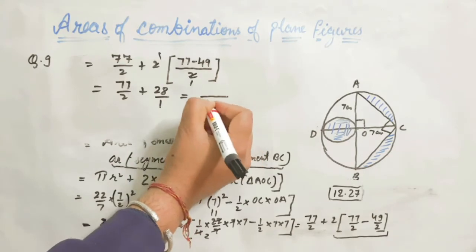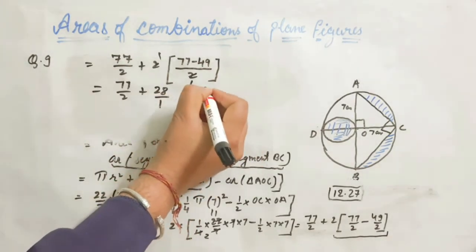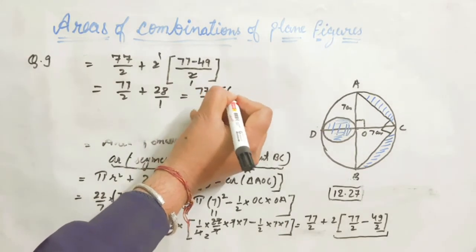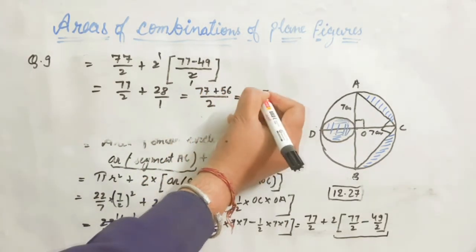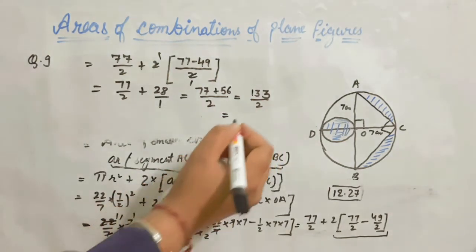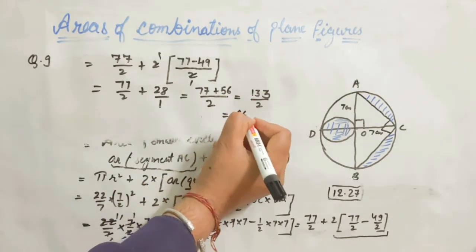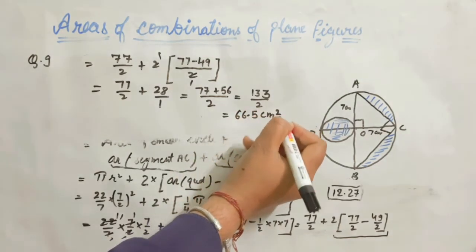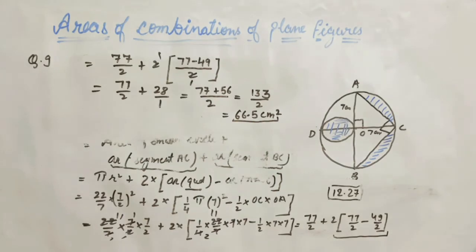Simplify it, 77 1s are 77 and 28 2s are 56, which is equals to 133 upon 2. You can write in decimal form, 66.5 centimeter square is the area of shaded region.